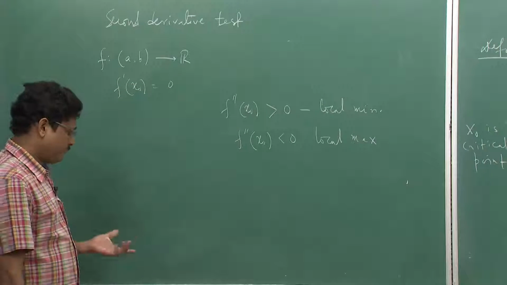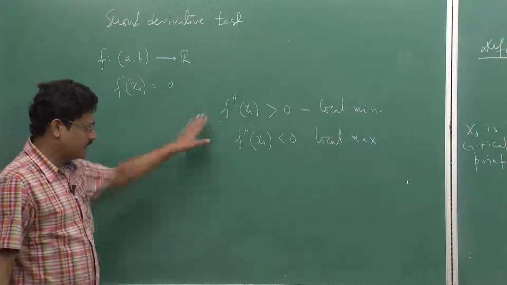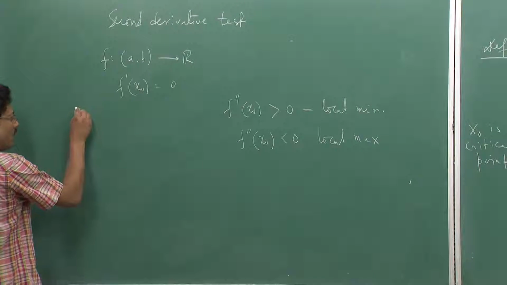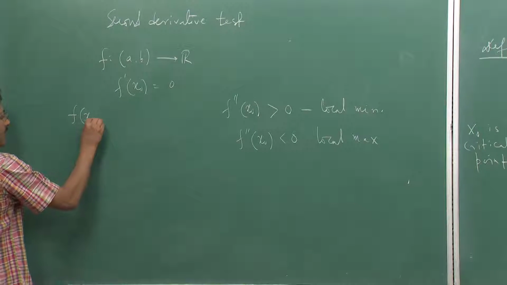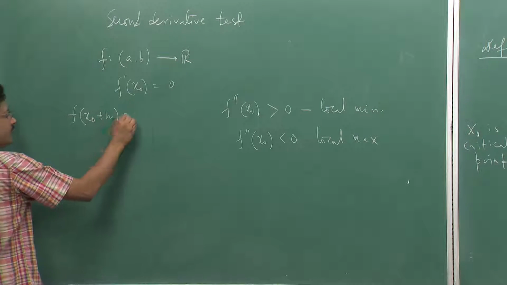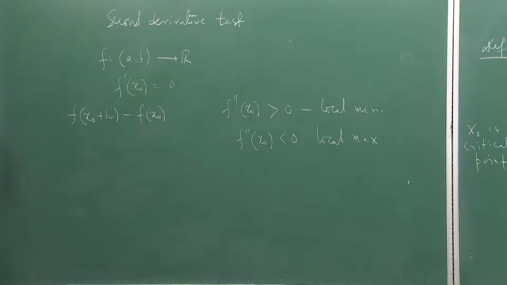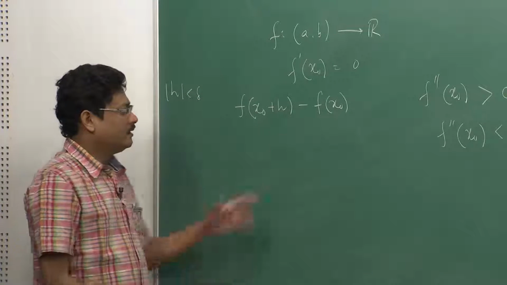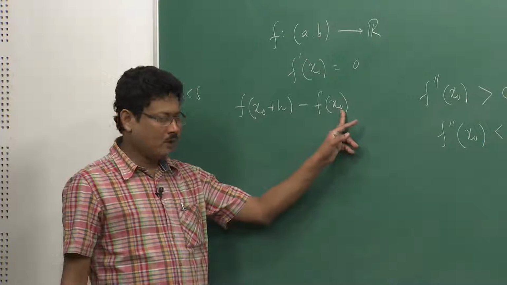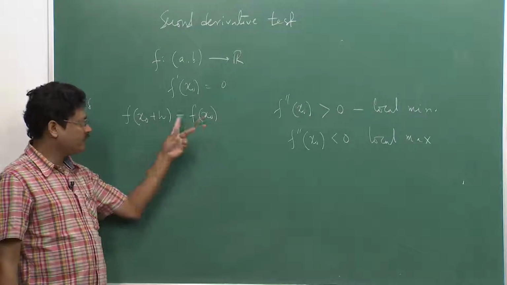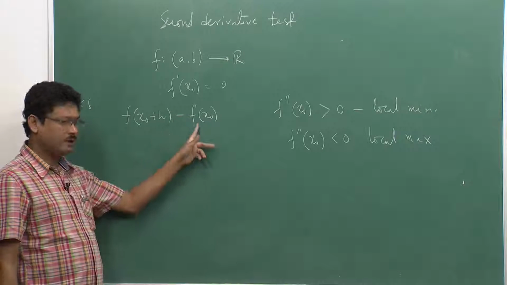Well, if you have seen the proof or not, it does not matter, but this is what you do, and you see there is a connection. If you look at f of x naught plus h minus f of x naught, for h in a neighborhood, so h less than delta, then if f of x naught is a local minima, this sign will always be positive, since f of x naught is less than anything around it.